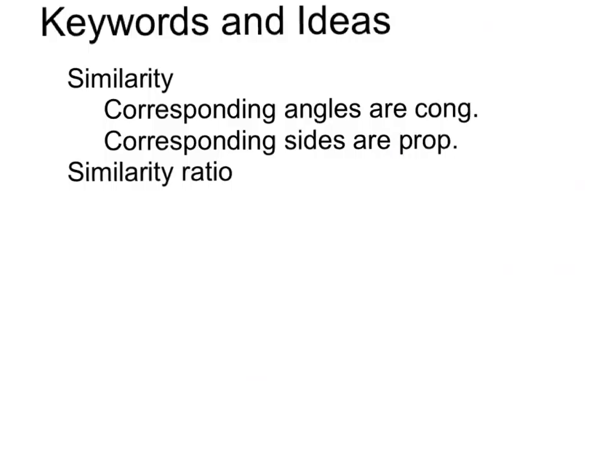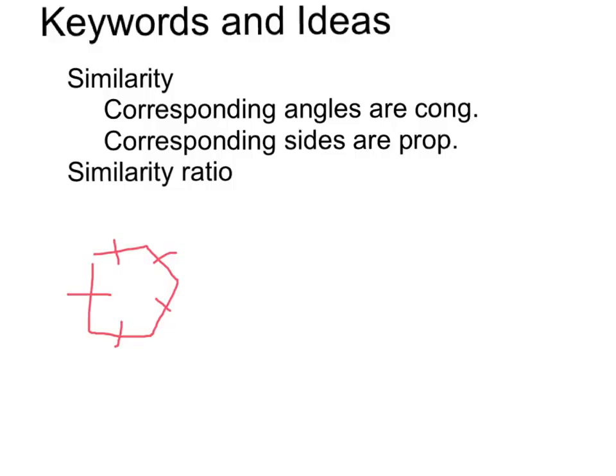The way it shows up on the skill test is I might say, draw two pentagons that have a similarity ratio of 1 to 2, in which case you'd say, here's a pentagon. We'll make it a regular pentagon.